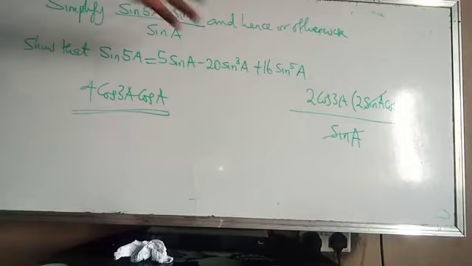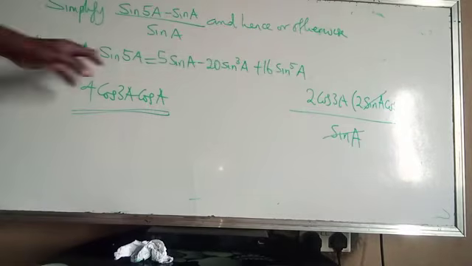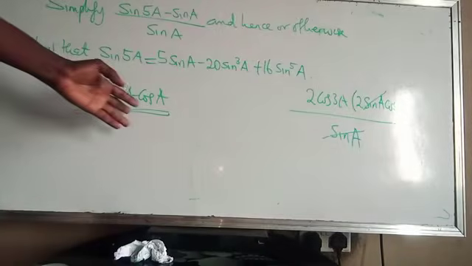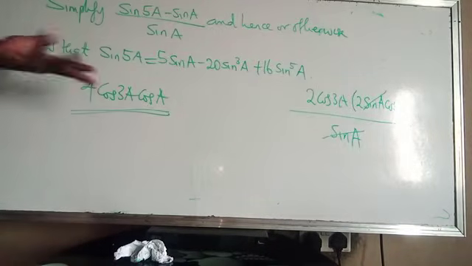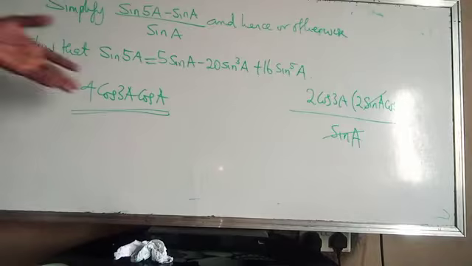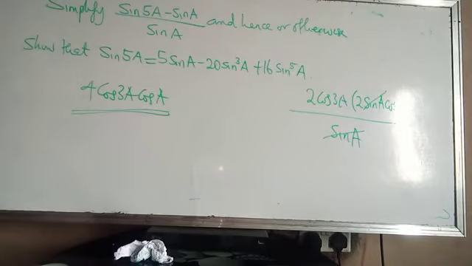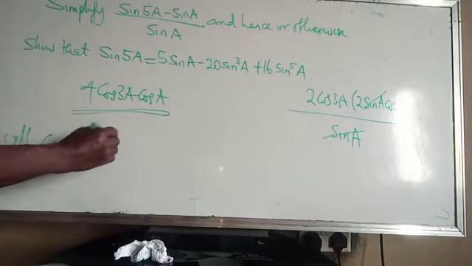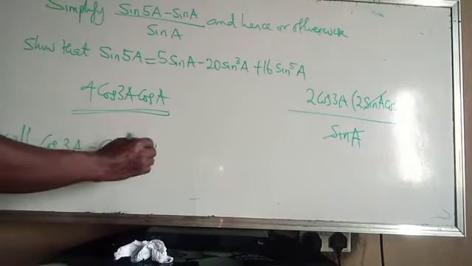The second part now says that hence or otherwise, we should show that sine 5a is equal to this. And unfortunately, there is nothing like sine something in the answer we obtained. That means you have to work on cos 3a. So now recall, cos 3a can be simplified as cos of 2a plus a.